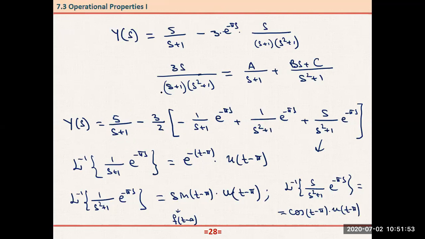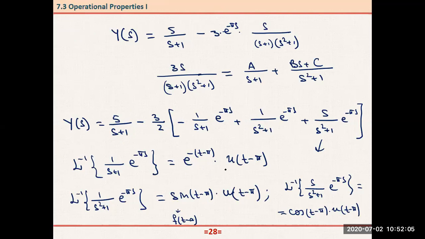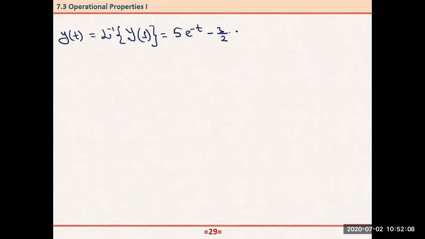The second one is minus 3 over 2. So actually I can just keep this outside, or multiply each by this minus 3 over 2. So the first thing is e to the power minus t minus pi times the unit function t minus pi, right? And the next thing is sine.